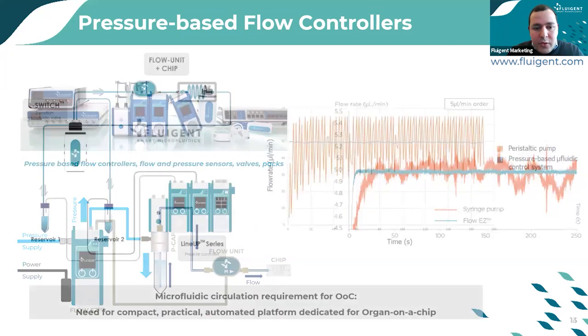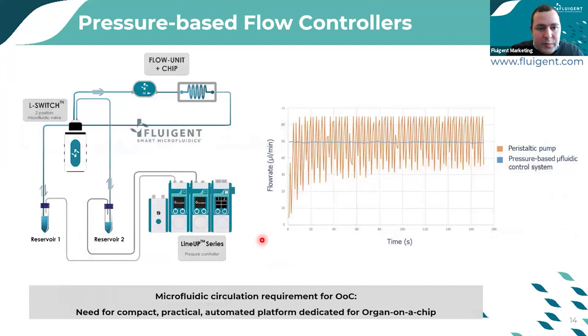We can also create recirculation systems using our pressure pumps and the valves. And as you can see, it also guarantees the same stability in terms of flow rate, compared here in this graph to peristaltic pumps, where we see the noise and the variability of the flow rate compared to the pressure-based microfluidic control system.